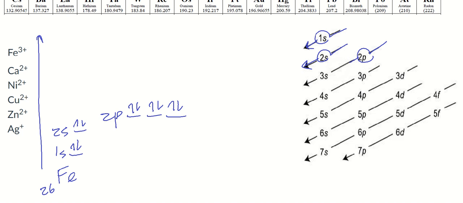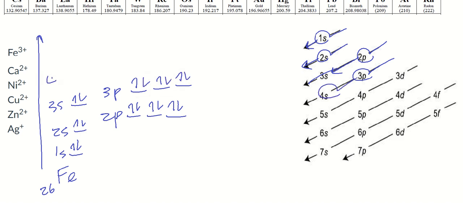All right, so my next orbital is 3s, and then 3p. And then 4s. And then finally, we're going to stop here at 3d.